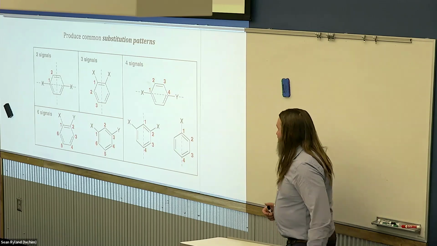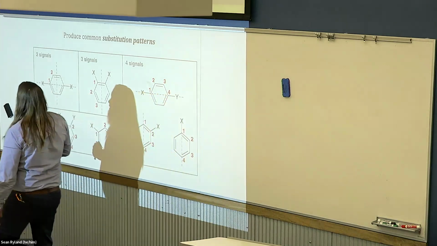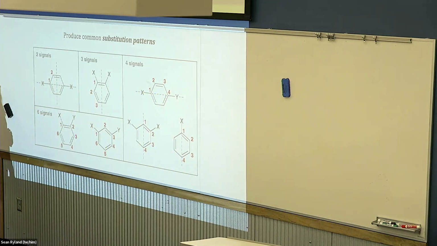All right, so here are our common substitution patterns in carbon NMR. If the proton NMR is too convoluted to break apart, substitution patterns in carbon NMR might be more helpful. In particular, if you know it's di-substituted because you integrated the proton NMR, but you don't know if it's para or meta or if they're the same substituent, then para should only give you 2 signals because there's only 2 unique carbons in the benzene ring.